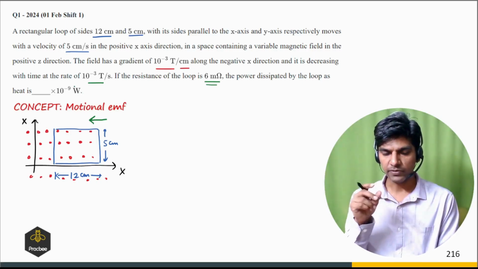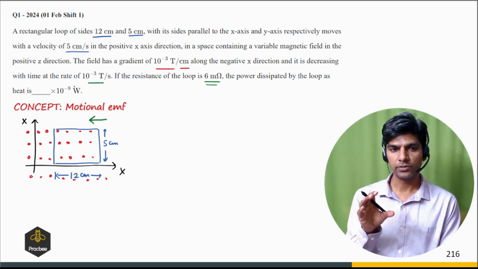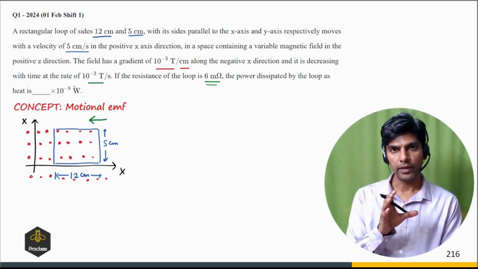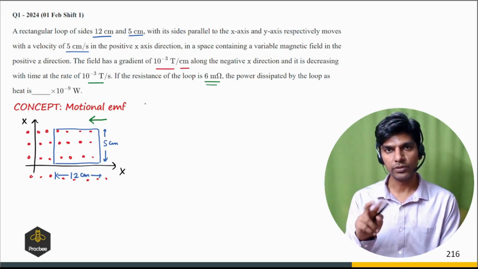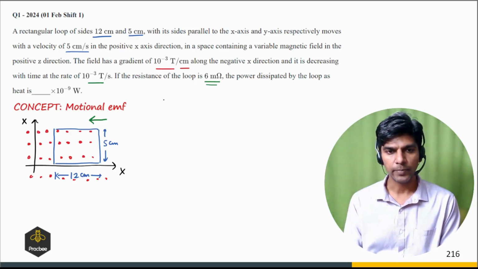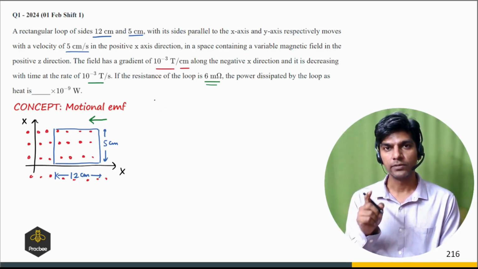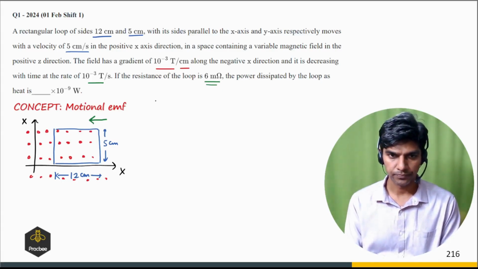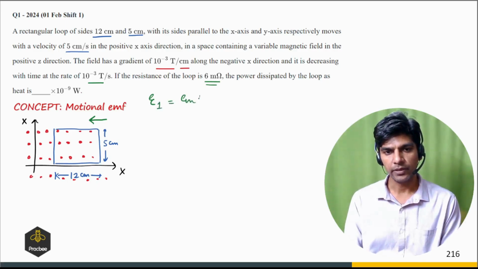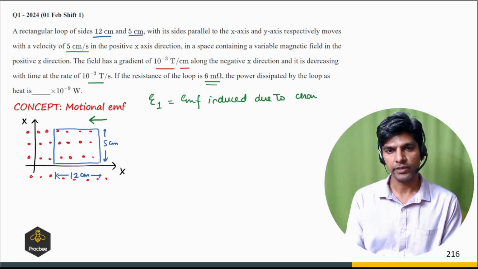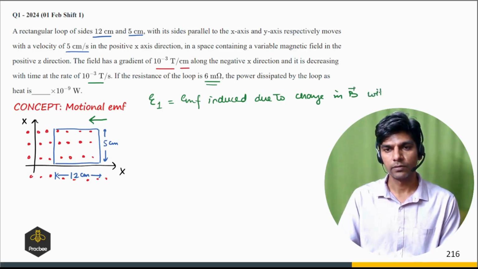Okay, so here the EMF is being induced due to the change in the magnetic field with space and due to the change in magnetic field with time. So we have to find the EMF induced by both ways. Let us first find the EMF induced due to the change in magnetic field with space. Let me call this E1, the EMF induced due to change in B, the magnetic field, with space.